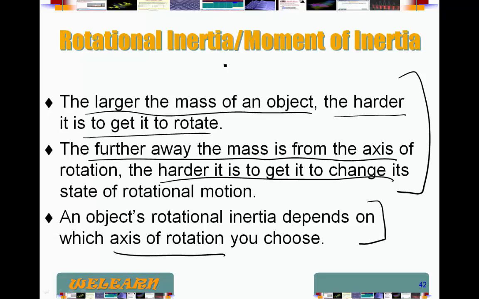For example, if I have an object like this, rotating it about an axis here is different than rotating it about an axis here, and different than rotating it about an axis here. All of these have different rotational inertias. So in this case, I talked about 3. For any object, you have an infinite number of rotational inertias.